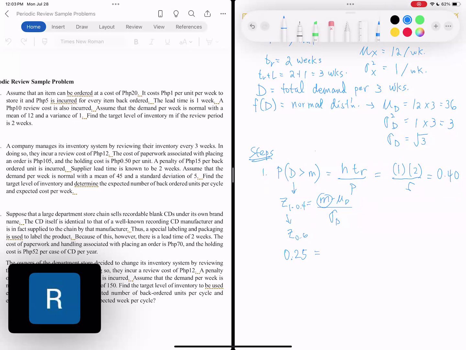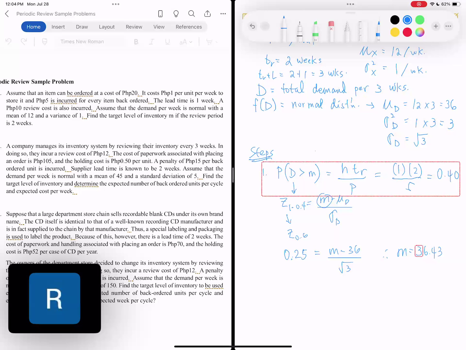M minus the mu D that we calculated earlier, which is 36, divided by the sigma, which we also calculated based on variance to be square root of 2. And from here, you can now calculate your M. I calculated it already, in the interest of time it is 36.43.